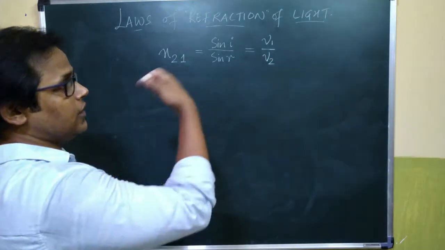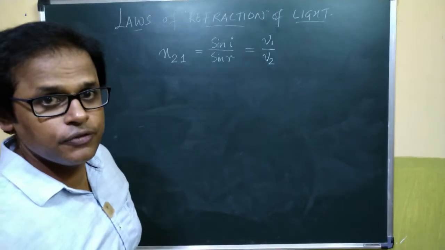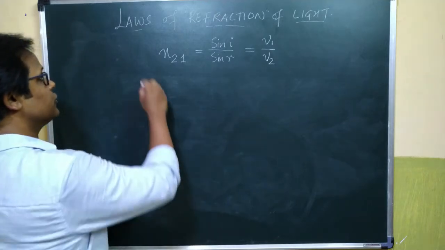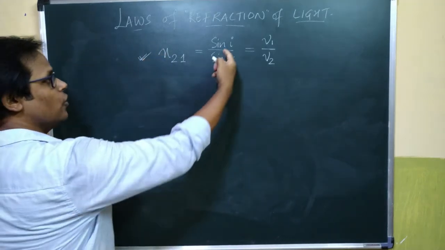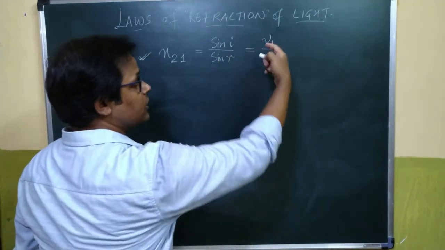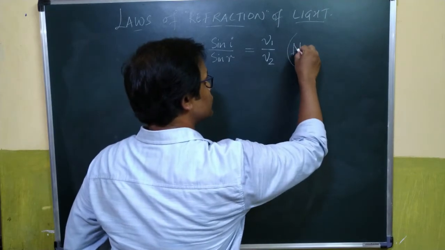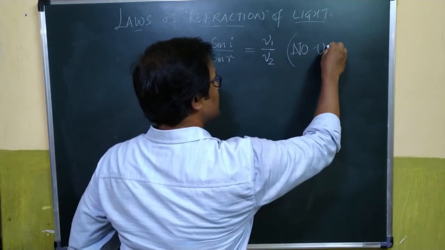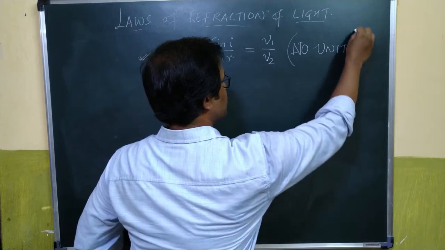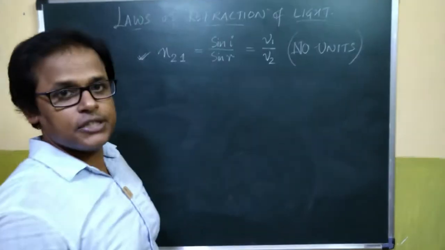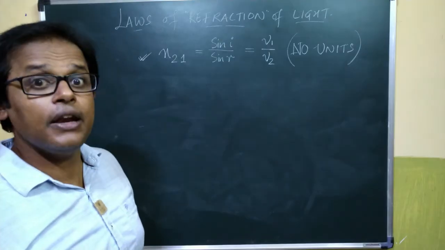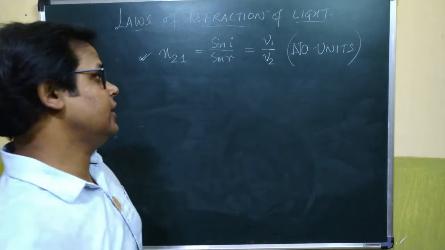The other one is exactly the reciprocal of the first answer. So you have these two ways, one in terms of angles, one in terms of the speeds of light. Make sure, still I bother to write in bold alphabets, it doesn't have any units. Refractive index is only a relative number, doesn't carry any units.